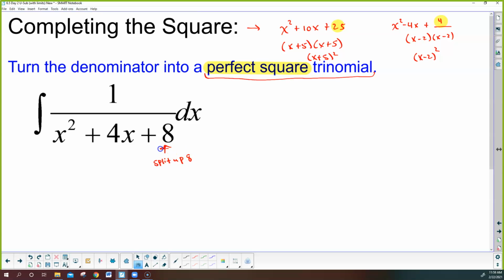I want to rewrite 8 so I can have x squared plus 4x plus something that gives me a perfect square. And we kind of knew, instead of this being plus, this one was a minus, but I want this to be a 4 right here. So I'm going to split up 8 as 4 plus 4.